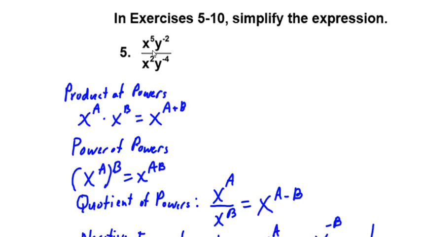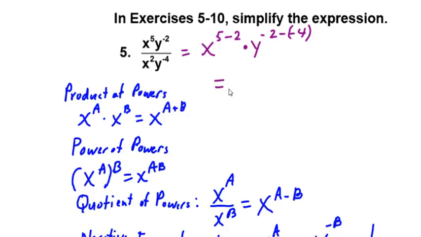For this one, we're going to take the rule of quotient of powers. So we can rewrite this expression as x to the power of 5 on the top here. We have x squared at the bottom, minus 2, times y to the power of negative 2 minus negative 4.